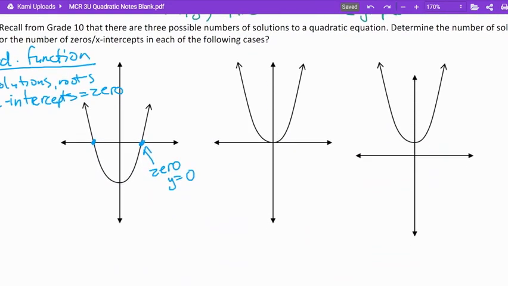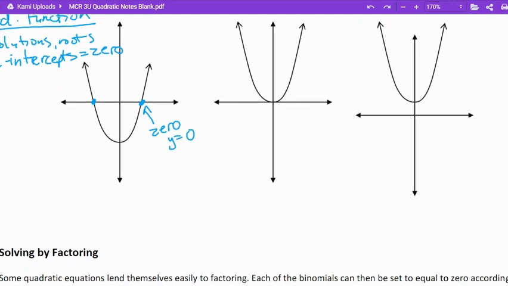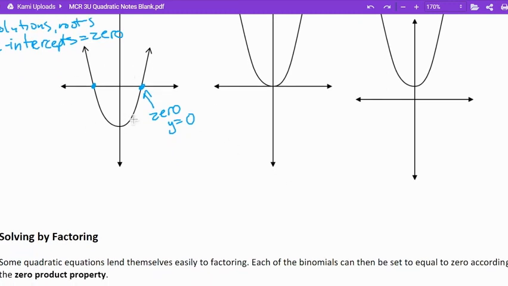Now, as we recall from grade 10, there are 3 scenarios when we draw a parabola. We can have a parabola crossing the x-axis twice. And in this case, we used to say that there are 2 real roots, but let's be more specific.